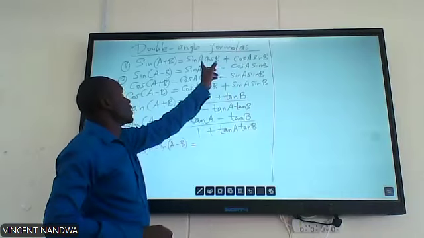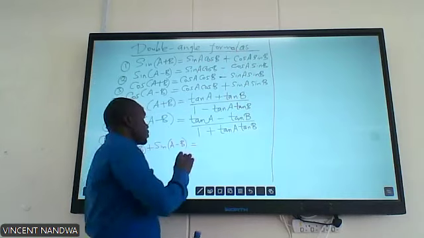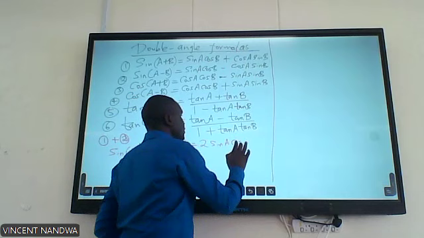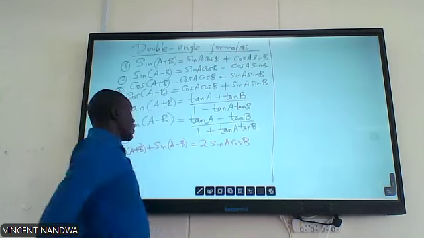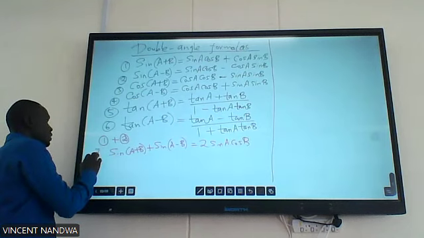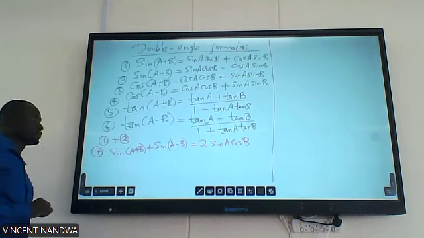We just have 2 sine A cos B. So you can also add this to your toolbox. This is another relation. So maybe we call it 7.